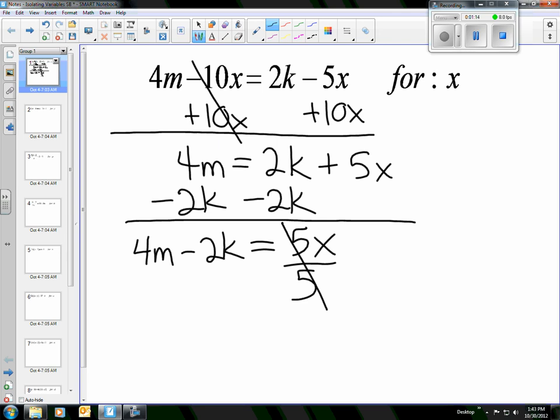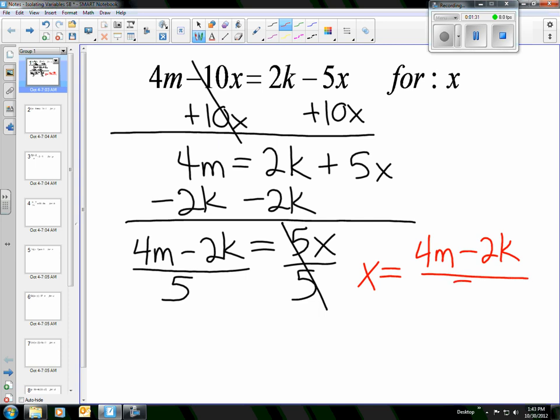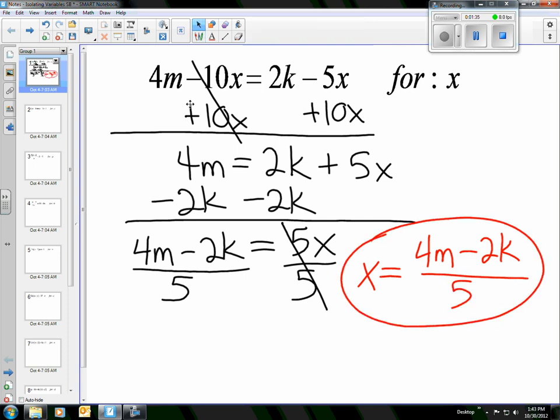And then on the left side, we divide everything by 5, which means we put the big fraction bar and the 5 underneath there. So here we can say that x is equal to 4m minus 2k all over 5. And that would be our final answer for number 1.